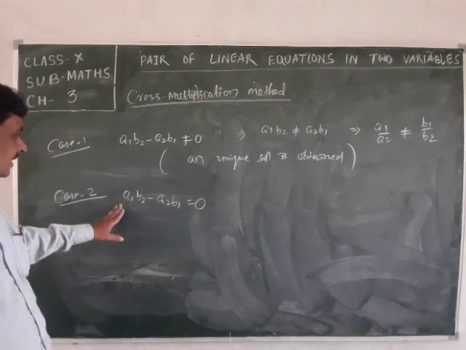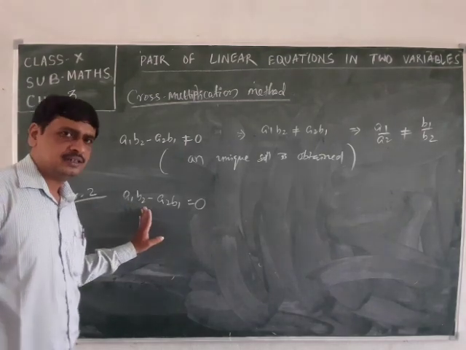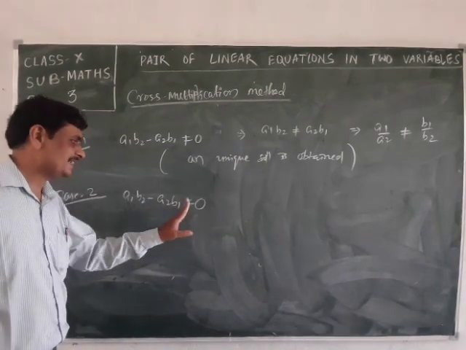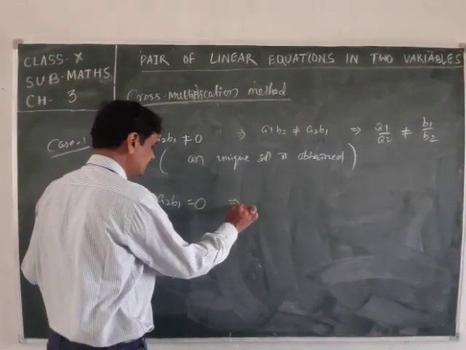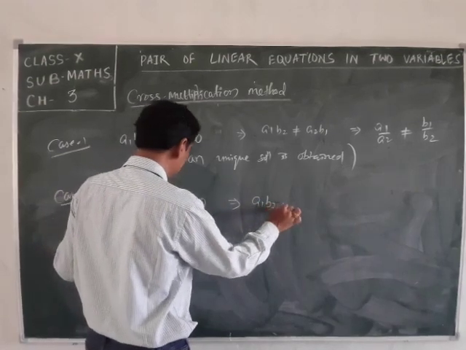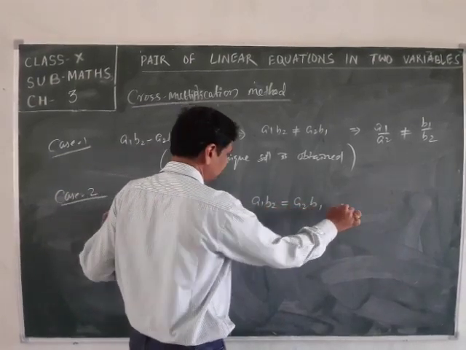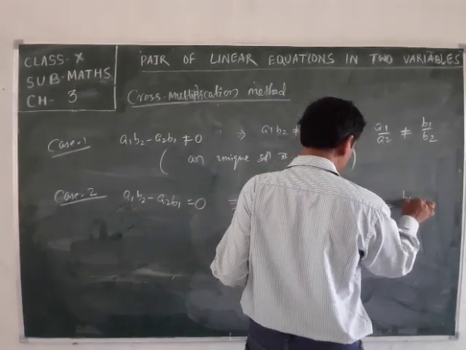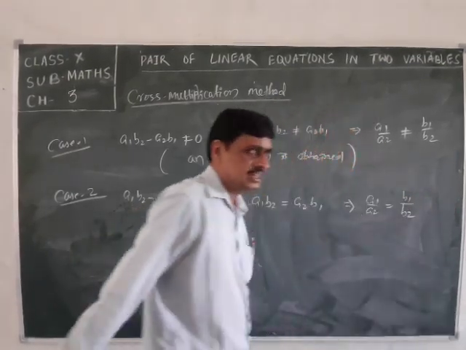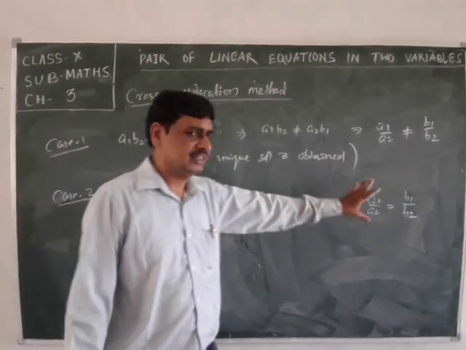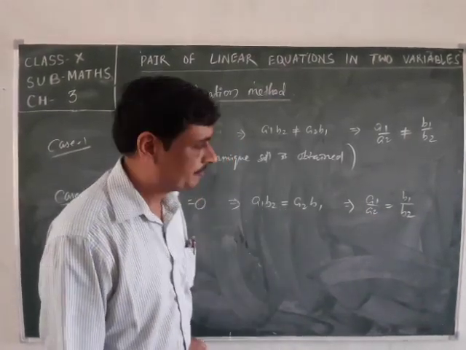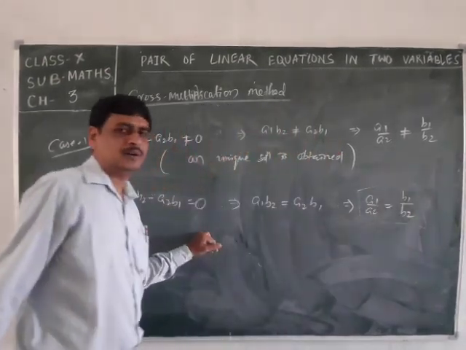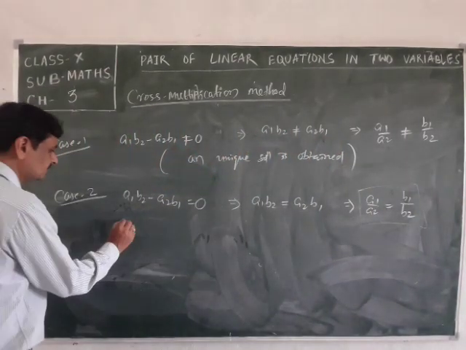But in the other case, when a1 b2 − a2 b1 is equal to 0, this implies a1 b2 is equal to a2 b1. This implies a1/a2 equals b1/b2. If you observe this type of condition, then we take this value equal to a constant.